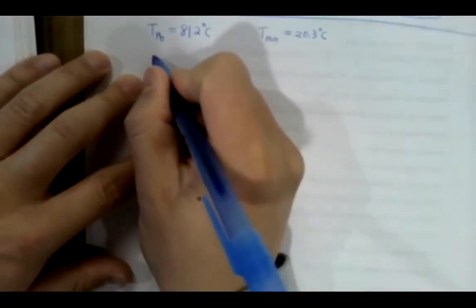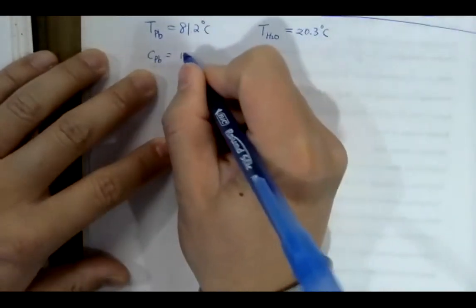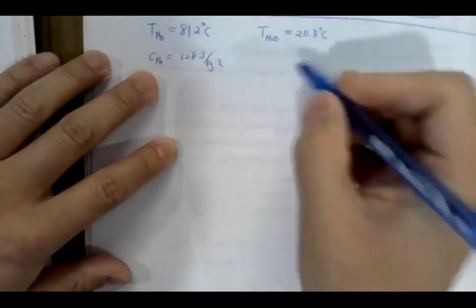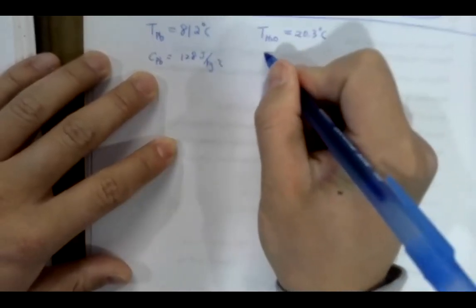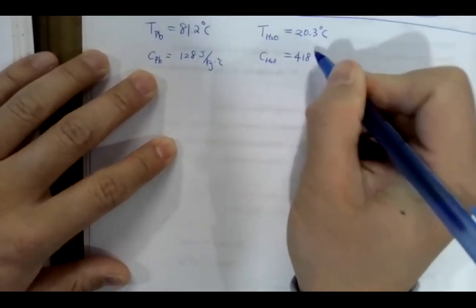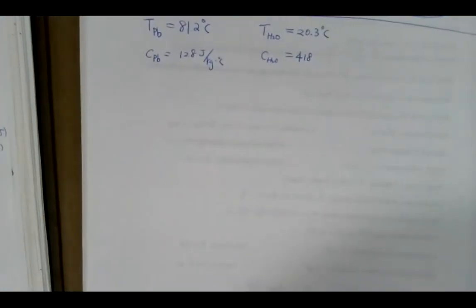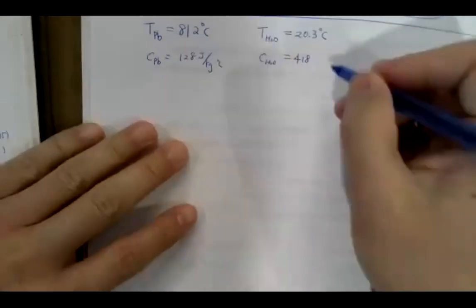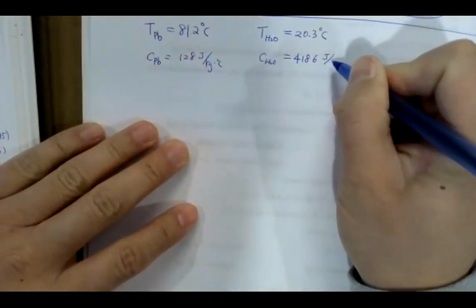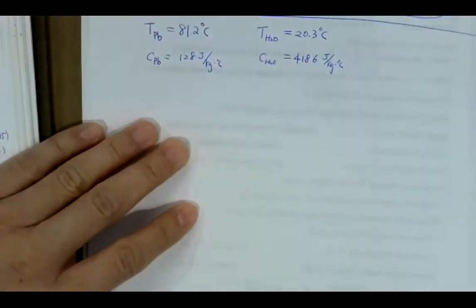It tells us that the specific heat capacity for the lead is 128 joules per kilogram degrees Celsius. The specific heat capacity of water is equal to 4186, I think. For some reason my note says 4185, but it's given as 4186 here.